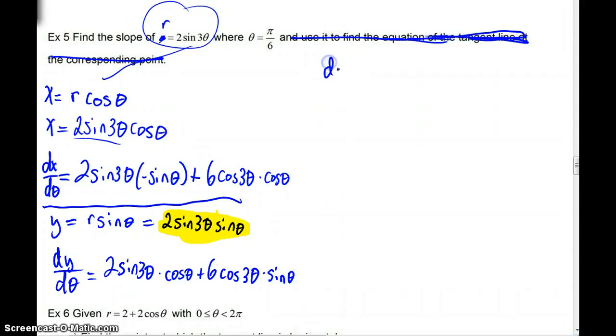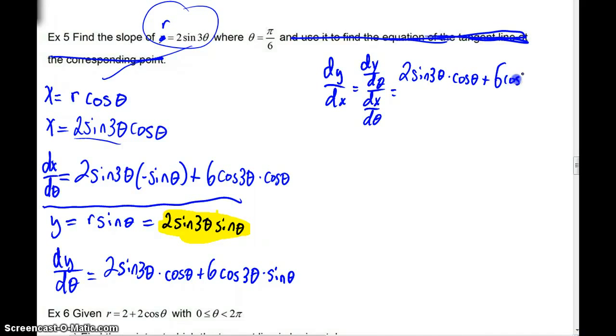Well, what is dy dx anyway? We saw it's dy d theta all over dx d theta, and essentially we're just going to recopy this. We just found dy d theta. That's 2 sine of 3 theta times the cosine of theta plus 6 cosine of 3 theta times the sine of theta.